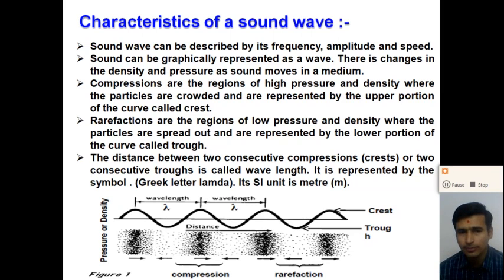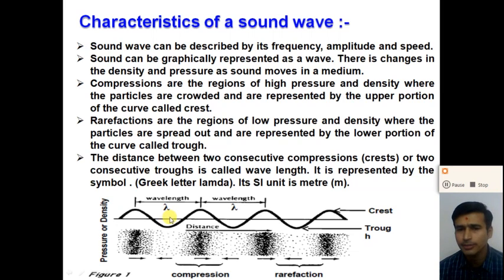The wavelength is the distance between two consecutive crests or two consecutive troughs. It is represented by the Greek letter lambda. So the wavelength is represented by the Greek symbol lambda, right?